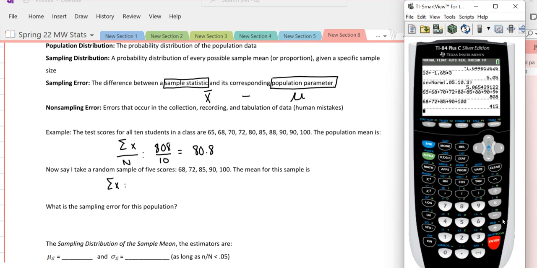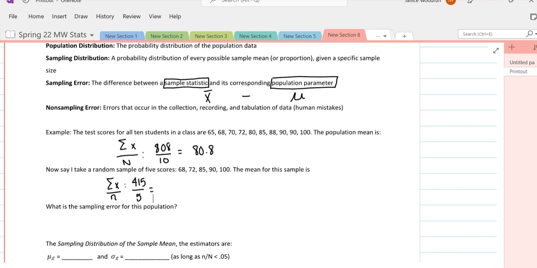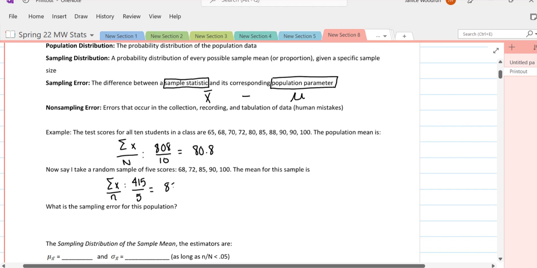That's going to give me 415. And I'm going to divide by the sample size, which is 5. So 415 divided by 5 is going to give us 83. So the sample mean is 83.